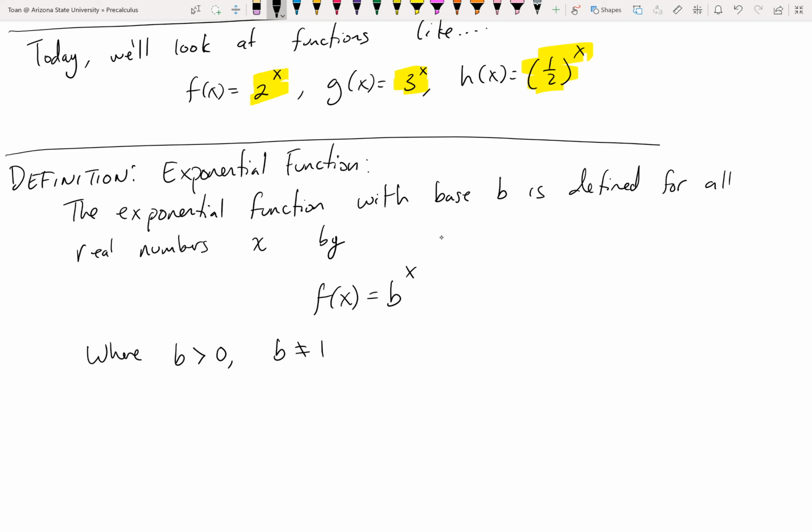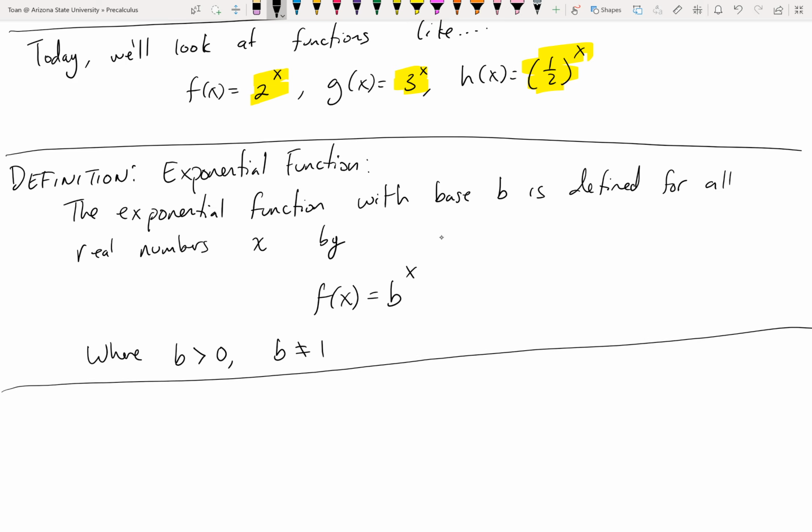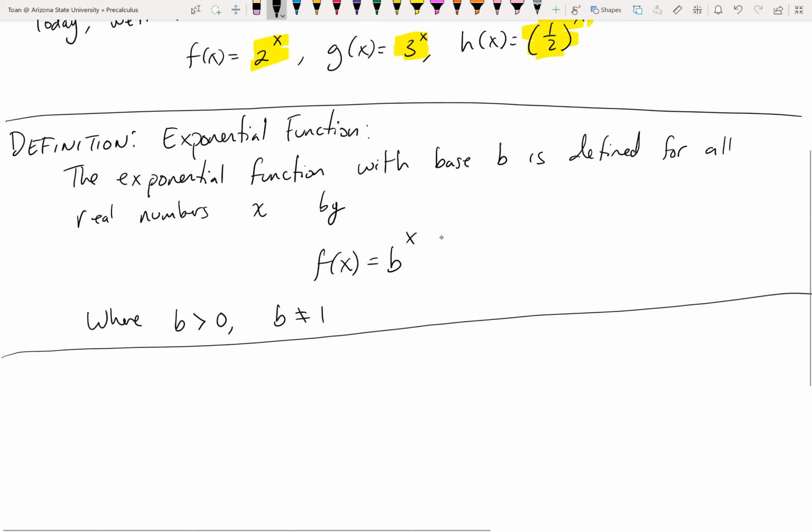This is the formal textbook definition of an exponential function. Basically, anytime your variable x is an exponent on any number that's positive but not 1, we call it an exponential function. And the reason why we don't look at when the base is 1 is we know that 1 raised to any power is going to be 1 itself, so it's just a trivial constant function.